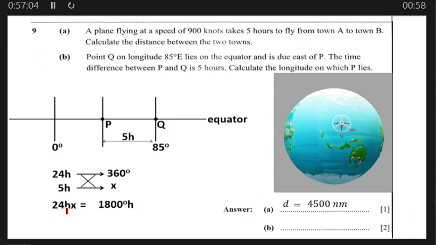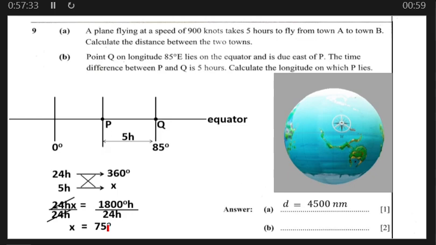We want to remain with x, so we divide by 24 hours on both sides, and the 24 hours cancel. So x is equal to 1800 degrees over 24, which is 75 degrees.